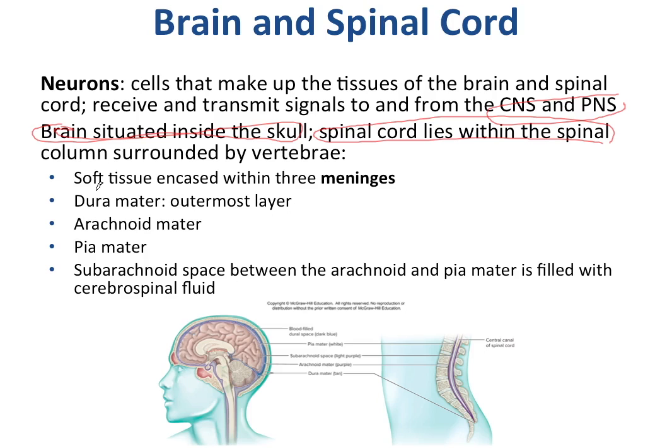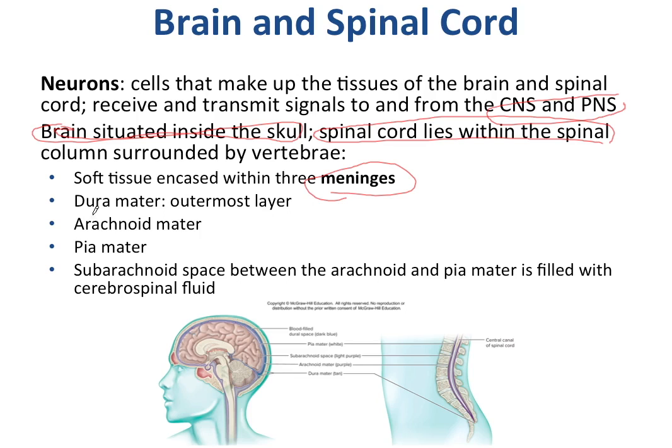So the nervous system is covered by a membrane called the meninges. The meninges have three layers.